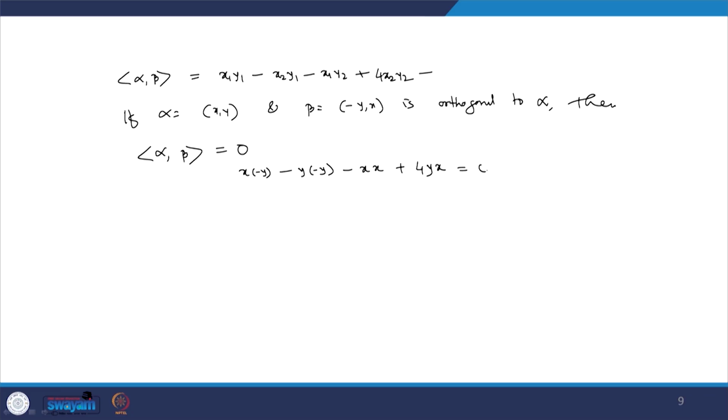So I am getting y square minus x square plus 3yx equal to 0.